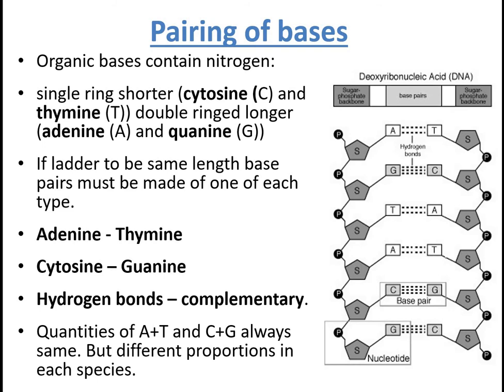So apples on the tree, A binds with T, and then cars in the garage, C binds with G. So adenine binds with thymine, cytosine binds with guanine by complementary base pairing. And between the bases, there are hydrogen bonds. So there are 2 hydrogen bonds between A and T, and there are 3 hydrogen bonds between G and C.